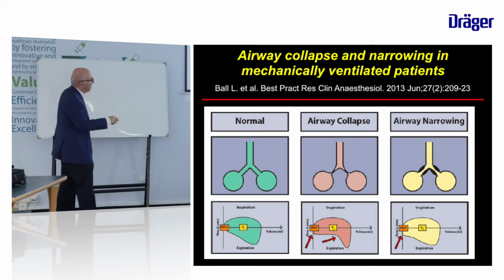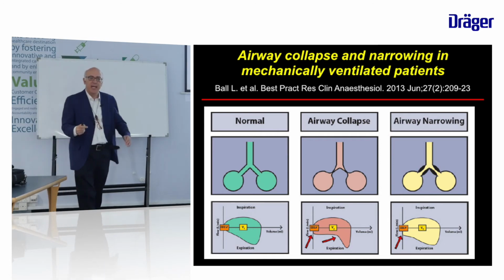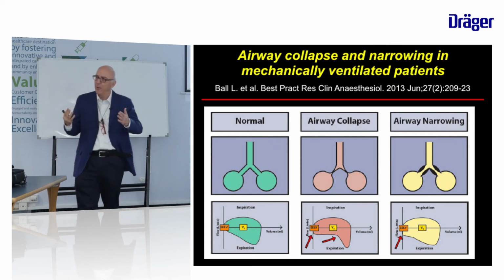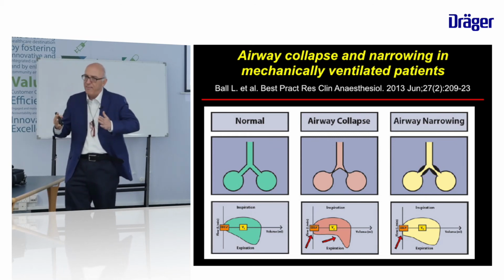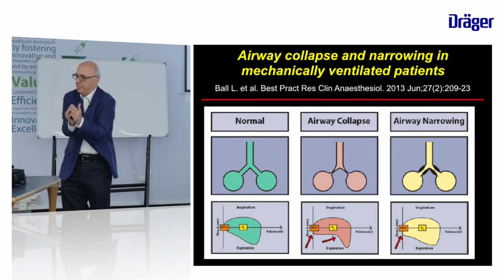In the normal condition, you see that more or less we have a constant expiration during volume. When you have airway collapse, what does it mean, airway collapse? Typically of emphysema, you have a collapse of the airways during the end of expiration.